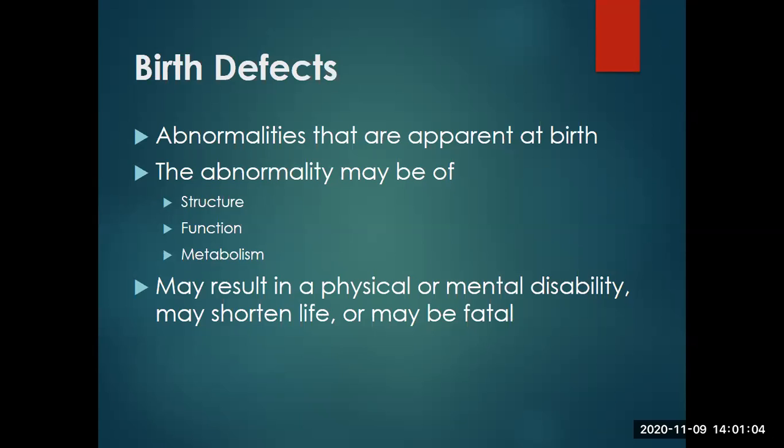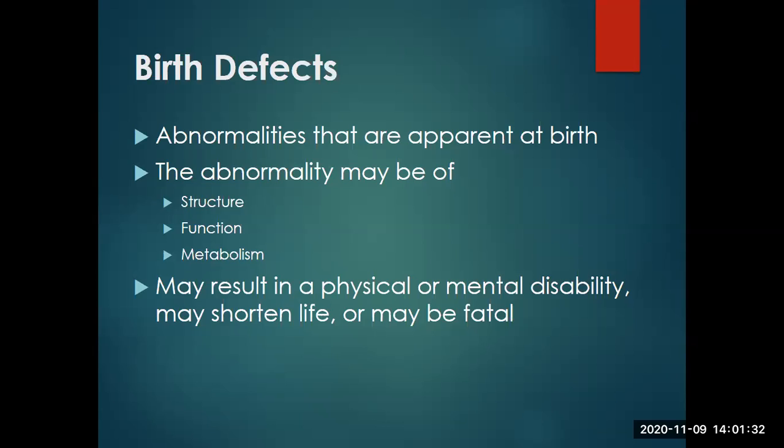Perinatal injuries can include infections, drugs, maternal disorders, the Rh factor disease, and anything that can show difficulty in labor or premature birth. So we're going to look at these different classifications and learn about their treatments and some of their manifestations.